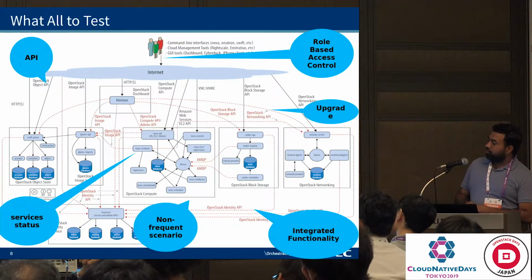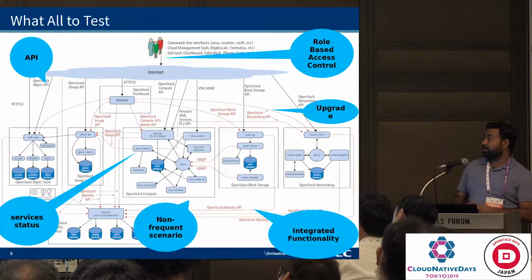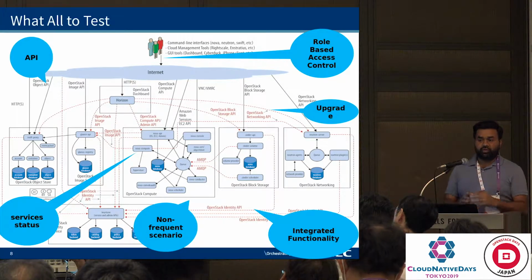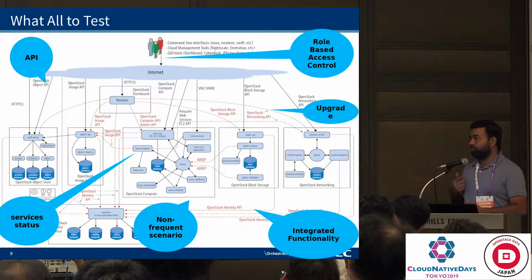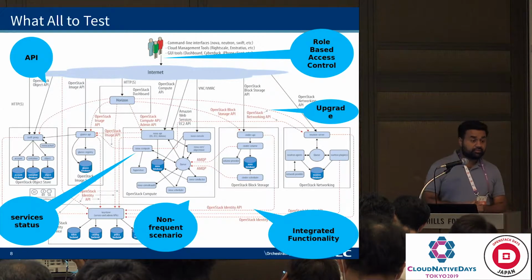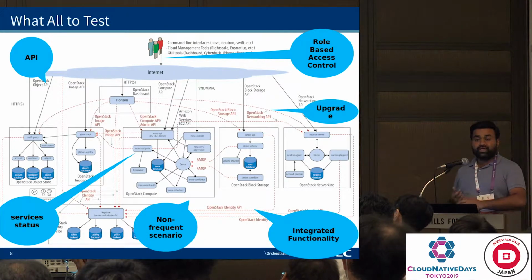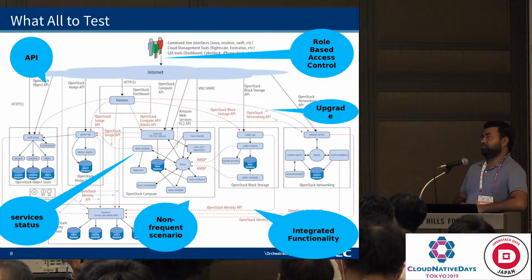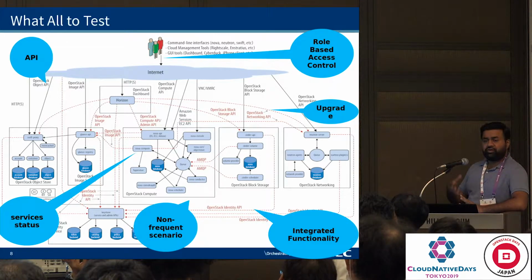On the left bottom side is service status. OpenStack has different services to provide the functionality. Like for compute, we have the Nova API service, compute service, scheduler service. All these services run on different nodes or a single node, depending on the cloud deployment.